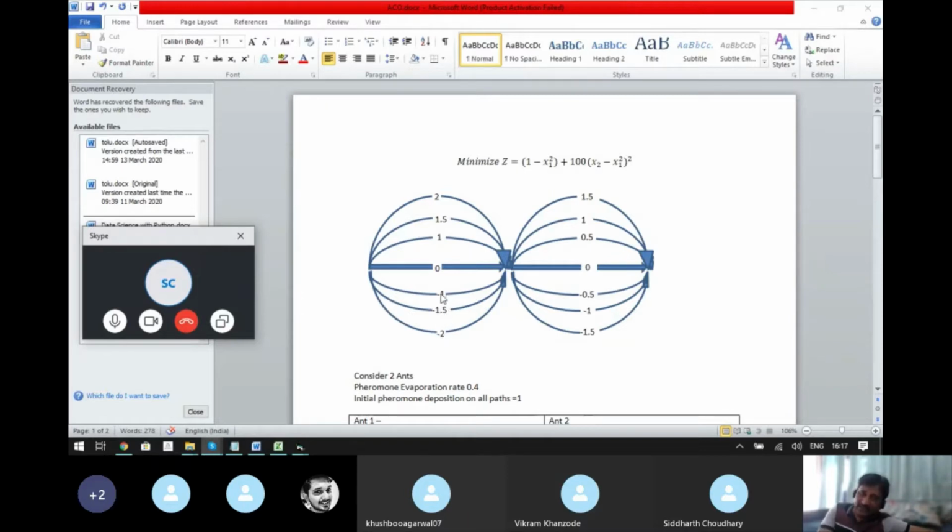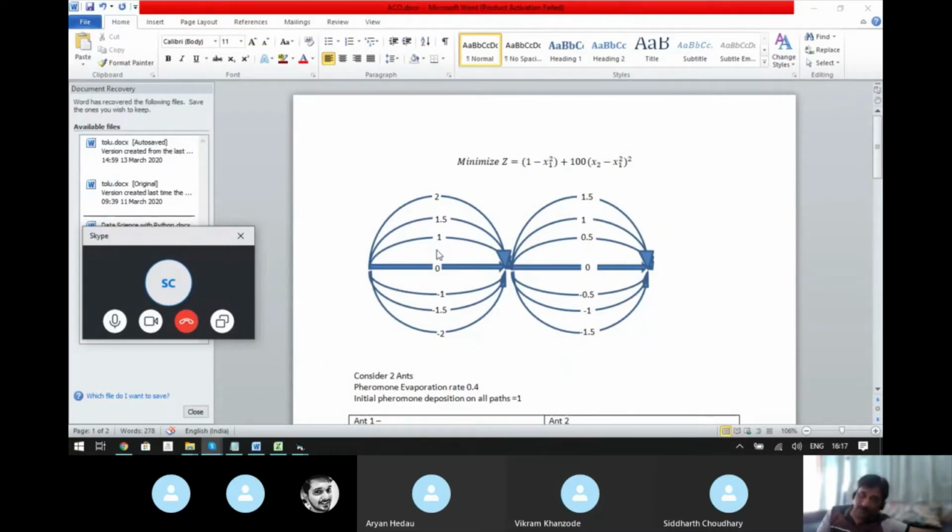Like here you see that there is a wide gap between minus 1 and 0, whereas the gap between minus 2 and minus 1.5 is that of 0.5. Here also it is 0.5. Here it is 1. Here it is 1. So it is not mandatory that you should be taking these values as equidistant from each other.